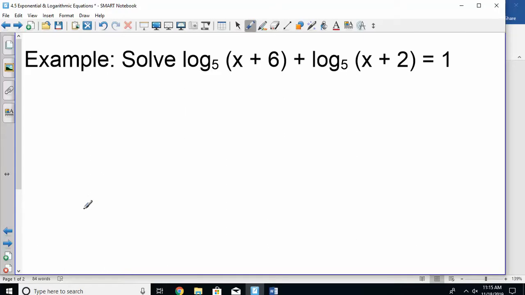No. The previous problems were different because everything had a log in it. But here, I have a term that does not have a log. So even if I moved one of those logs over, I can't just drop it because I have a term without it. So instead, let's start over here. Both of these have logs. Is there any way to combine those? Think about your properties. If the logs are added, how can you combine them into one? Multiply.